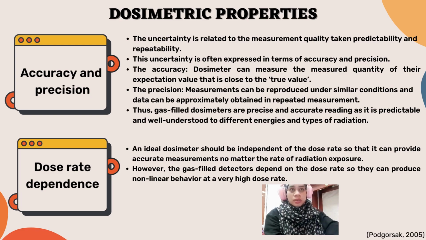So what is accuracy and precision? Accuracy means that the dosimeter can measure the quantity with an expectation value that is near to the true value. For precision, the measurement can be reproduced under similar conditions, and the data that we get can be approximately obtained in repeated measurements.